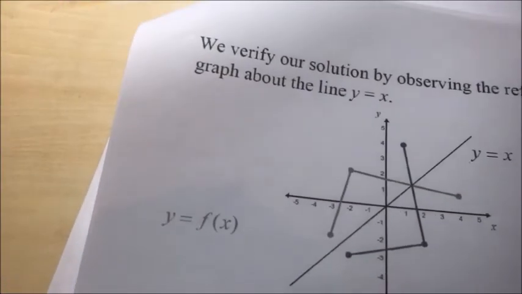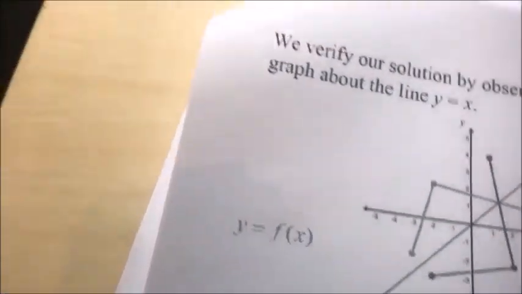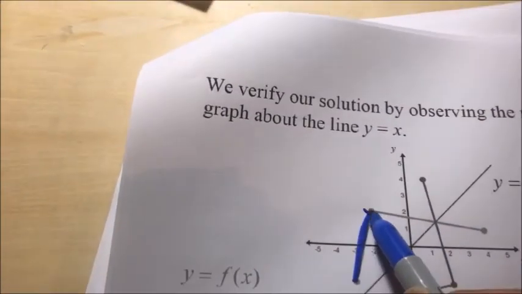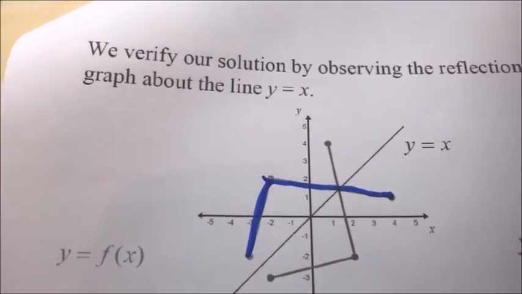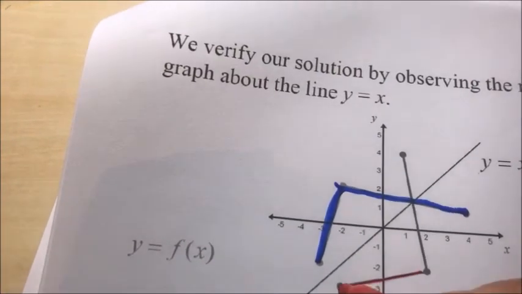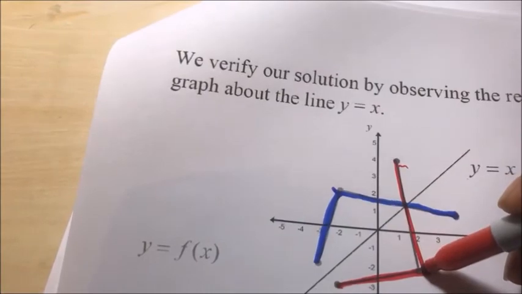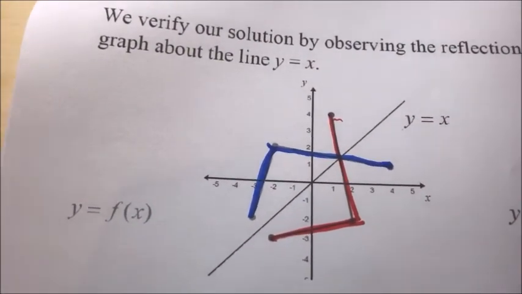If you look at y equals f of x, which I'm going to highlight in blue here, and if you look at y equals f inverse of x, which I'll do in red, notice that they are symmetric.